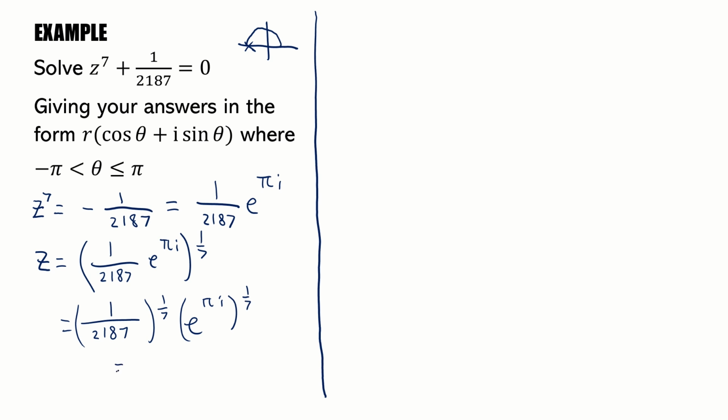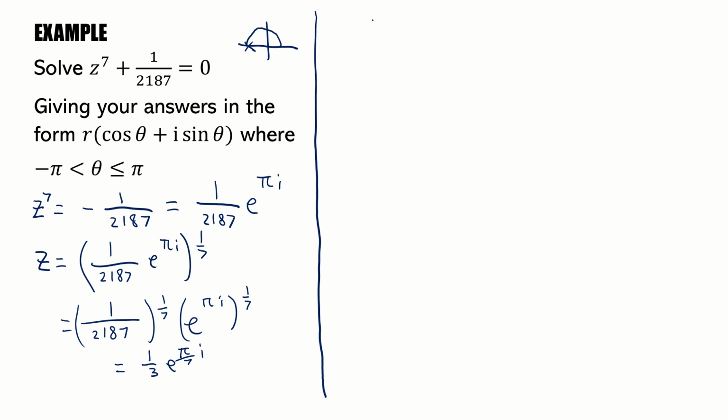That very quite simply gets you 1/3, because that's what 1 over 2187 to the power of 1/7 is, and you get e to the power of pi over 7 i.